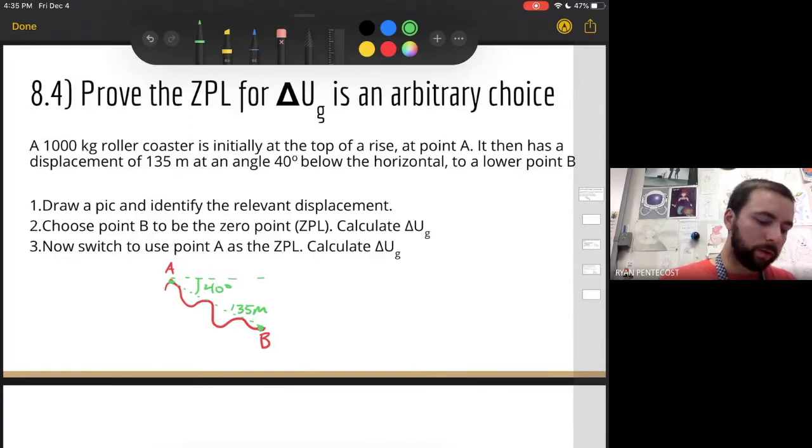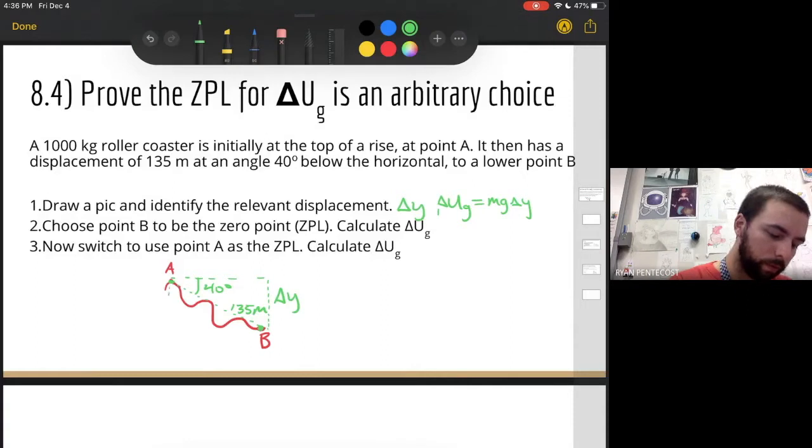What we want to do first is draw, pick, and identify the relevant displacement. We talked a little bit about gravitational potential energy before and what the displacement is that we care about. That displacement is delta y, because delta UG is mg delta y. So here is one delta y, and here is another delta y.